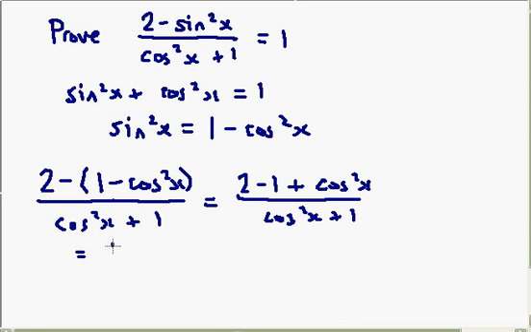So on the top I've got 1 plus cos squared x. On the bottom of the fraction I've got 1 plus cos squared x. So that is automatically equal to 1, as required. Okay? So I've shown that left hand side is equal to the right hand side.